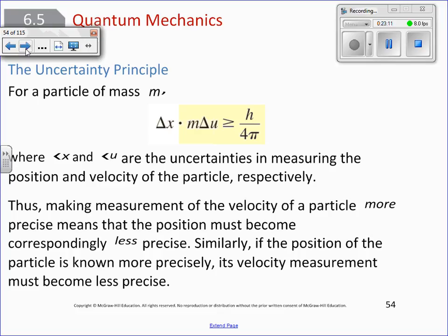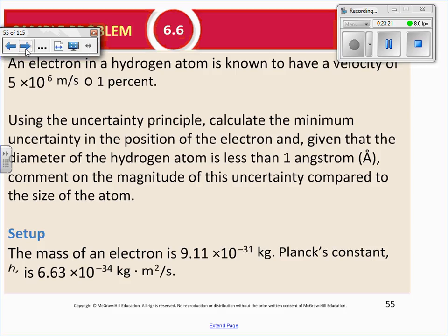So how does that figure with the atom? Here you have an electron in a hydrogen atom with a velocity of 5 times 10 to the 6 meters per second, plus or minus 1%. Using the uncertainty principle, calculate the minimum uncertainty in the position of the electron.